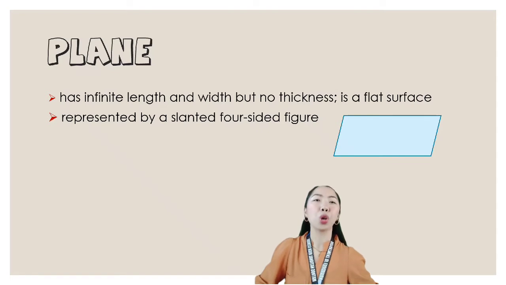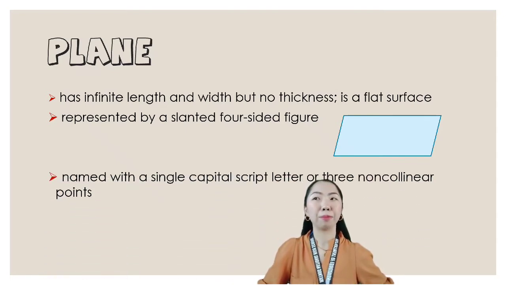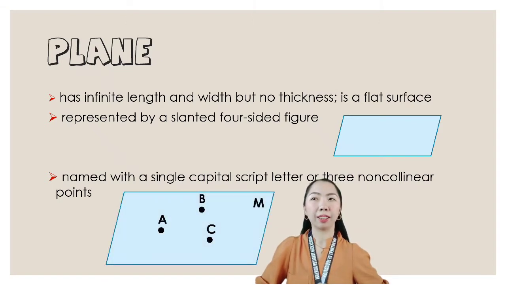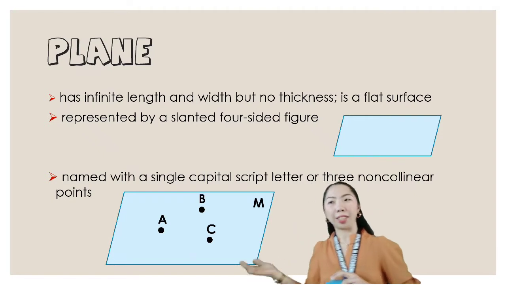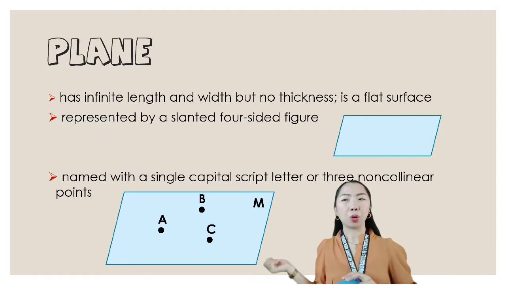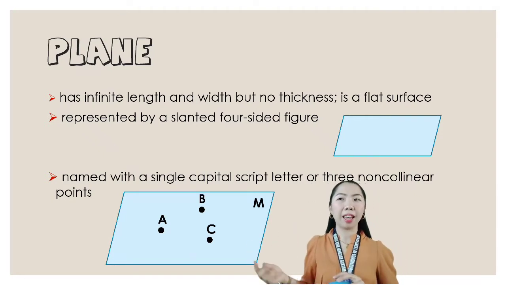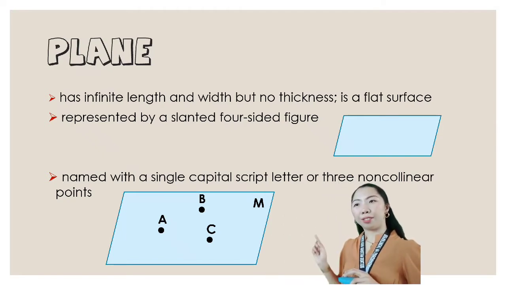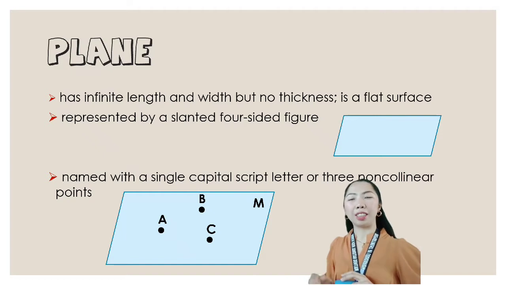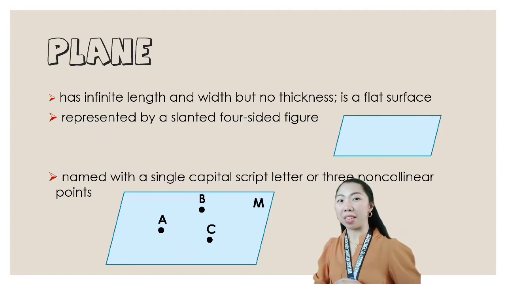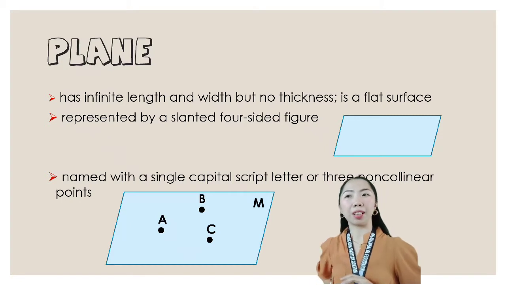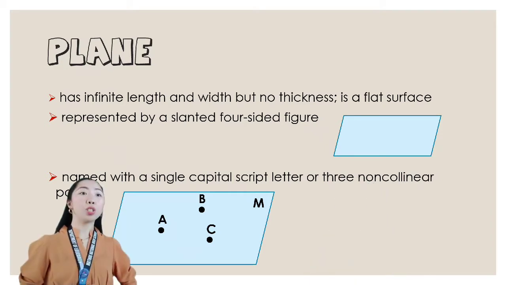And of course, we also name them by using a single capital script letter or three non-collinear points. Take a look at this example. So we have the plane and we have three dots there, namely points A, B, and C. And we have this capital script letter M. So how do we read them?